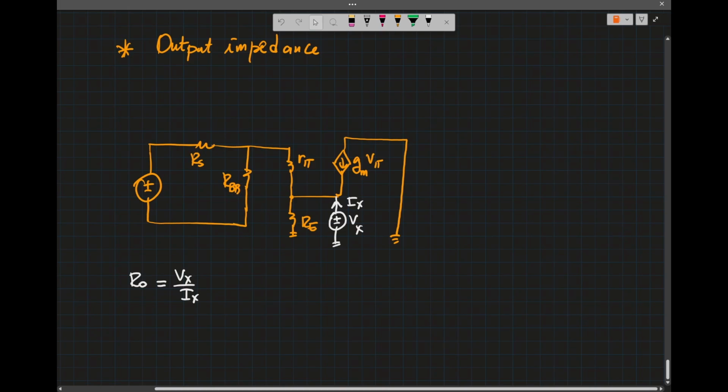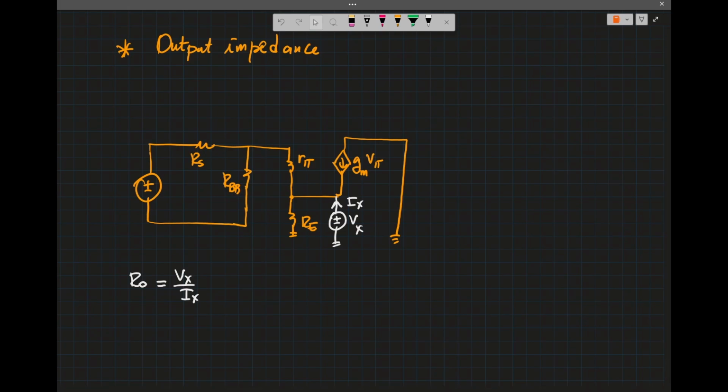All right, so to find the output resistance, what I'm going to do is place a test source.